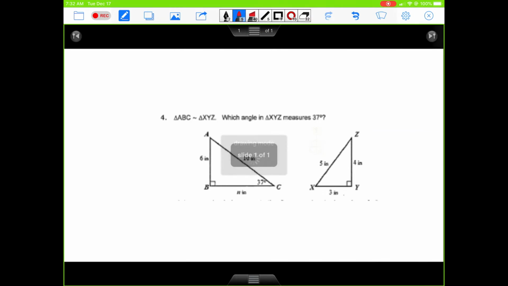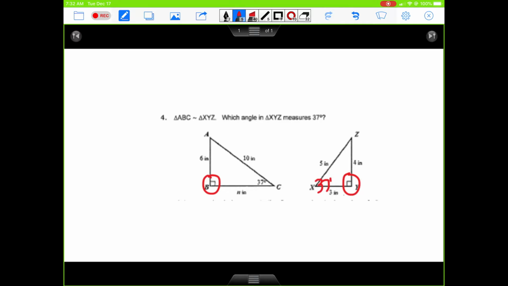Number 4, triangle ABC is similar to XYZ. Which angle in triangle XYZ measures 37 degrees? So for this one, just take a look at it. We're just looking at angles. Triangle ABC and triangle XYZ are flipped, kind of like a mirror image. As you can see, we have our 90-degree notation here. 37 degrees is right next to it, adjacent to it.